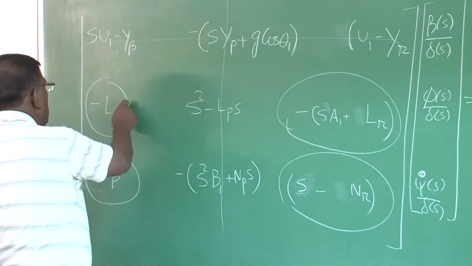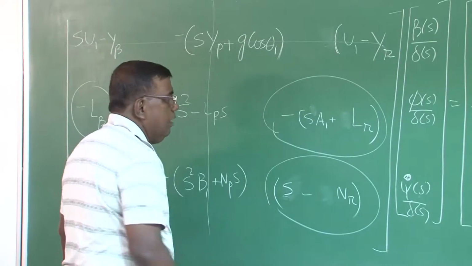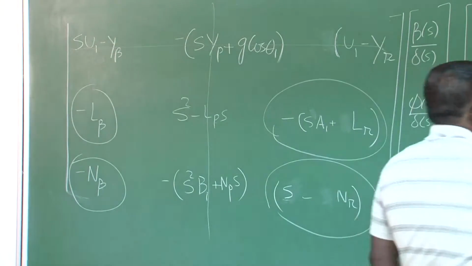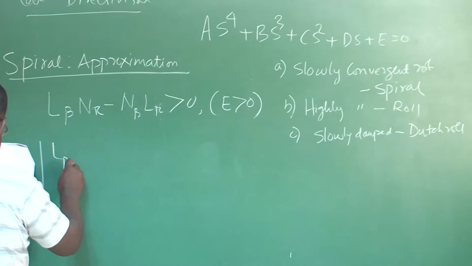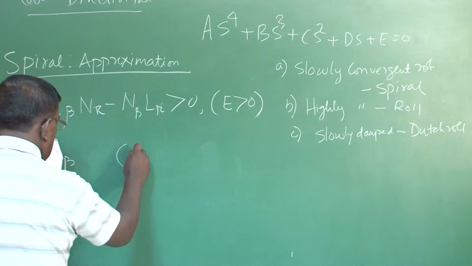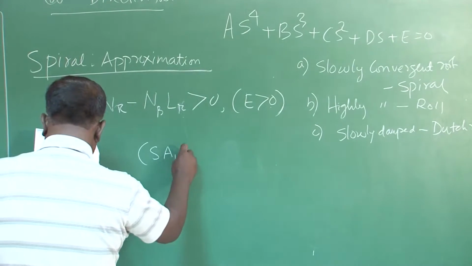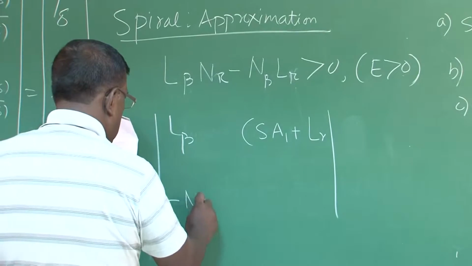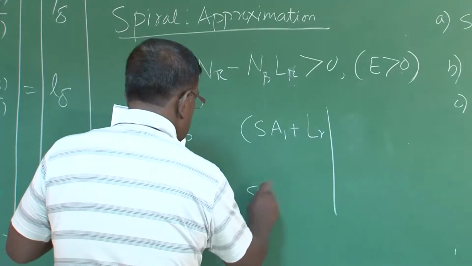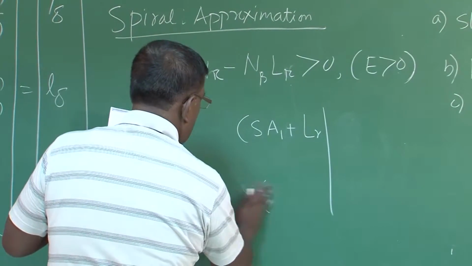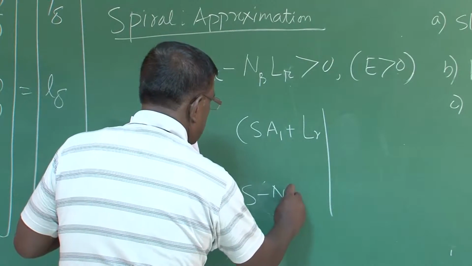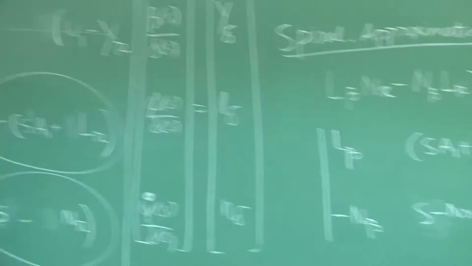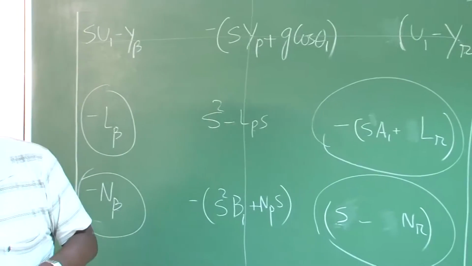So we are having a smaller determinant which will have a structure like this: L beta, s a1 plus Lr, minus N beta, s minus Nr. This is equal to 0. That becomes my determinant, that becomes my characteristic equation.